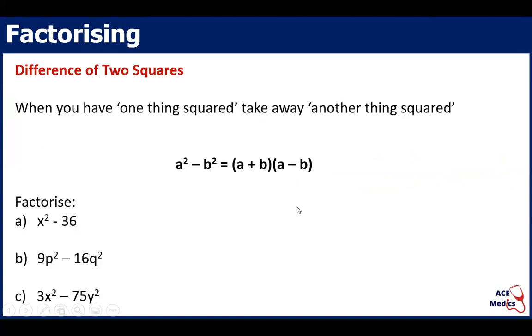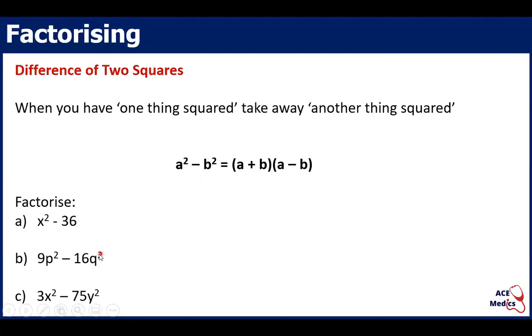Okay, last little bit then before we carry on with something else. I said I would briefly go over the difference of two squares. Quite a few people find this tricky to spot, but once you've spotted it, it's not too bad. The difference of two squares is essentially when you have one thing squared, take away another thing squared. The other thing squared might not necessarily look like it's squared, especially if it's just a number.